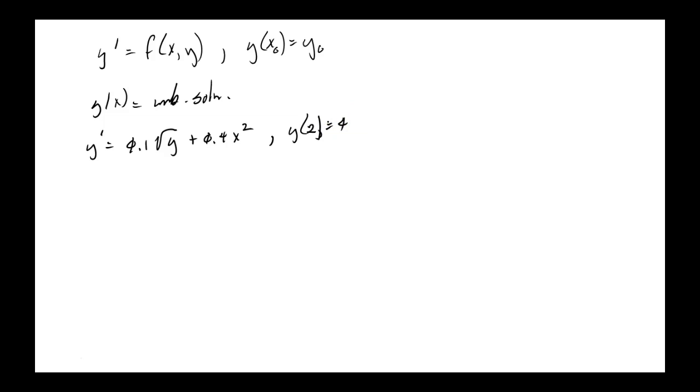Now, let's just take a look at this. Certainly that's nonlinear, because you have a square root of y in there. Not linear. Not separable, not in any sensible way. Any of the other techniques we have can't solve it. It looks so simple, but it's just not solved with any of the methods we have so far.